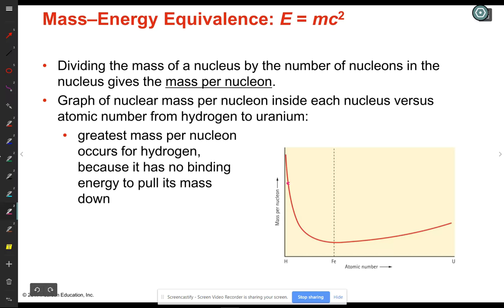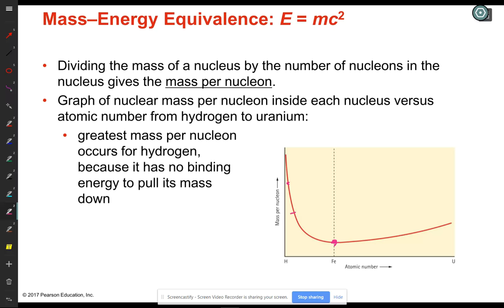If you have 4 things in the nucleus, the mass is here. And if you get down to iron, the mass per nucleon is the lowest value. What that means is you have decreased the mass by converting it into energy in a different sort. Energy is holding it together.